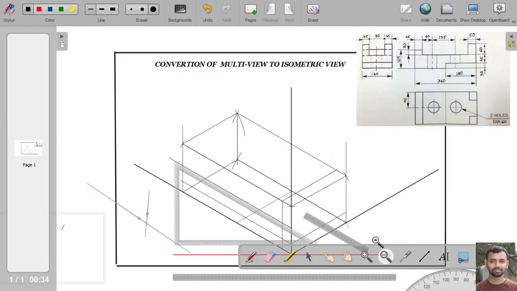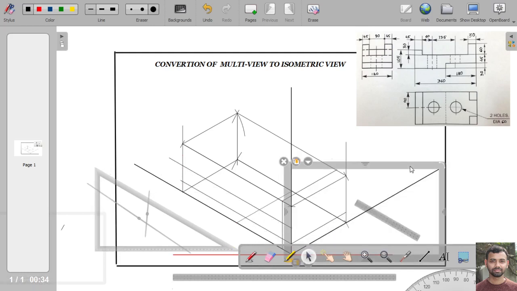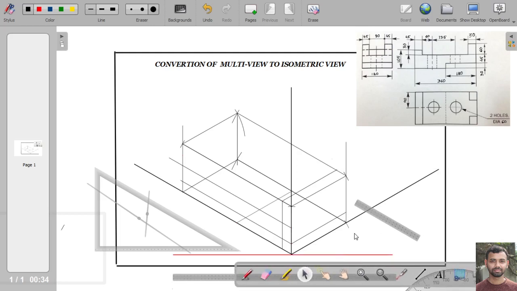Okay. Now the next point is, we can make some of the portions darker. Like this is the final edge already completed, so we are making it darker.